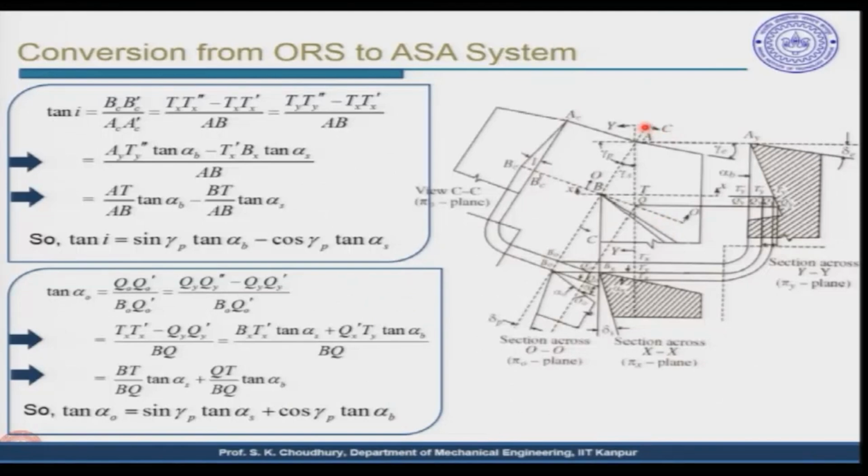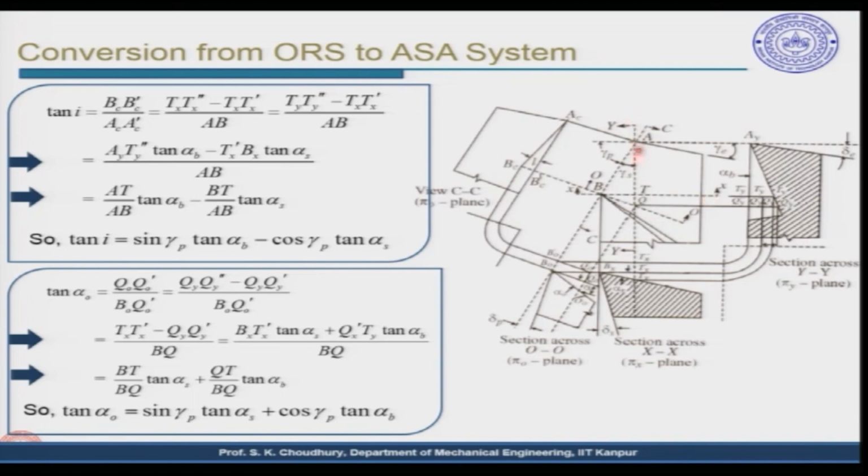Now, let us say that in the CC this is given in here. Since this is the view, it is not hatched, and this view will be like this where we have the rake face here and this is the tool inclination angle as the tool is inclined. The YY section is given here. This is the sectional view of YY, the transverse plane, as you understand that XX is the longitudinal plane.